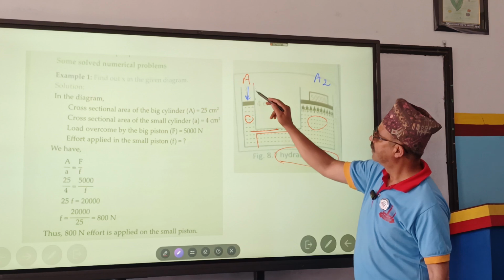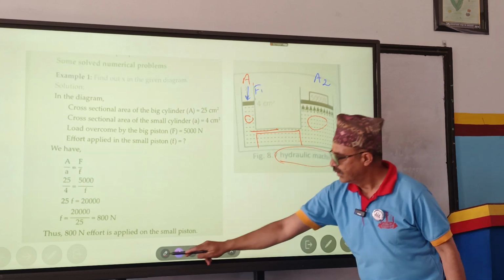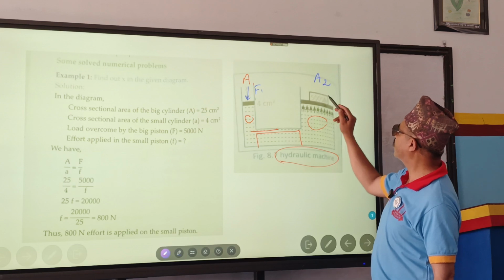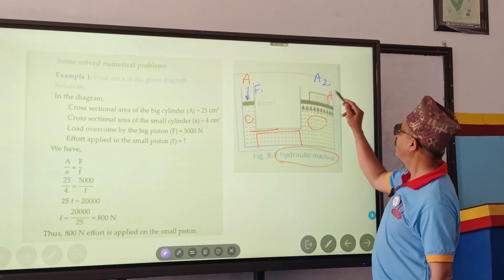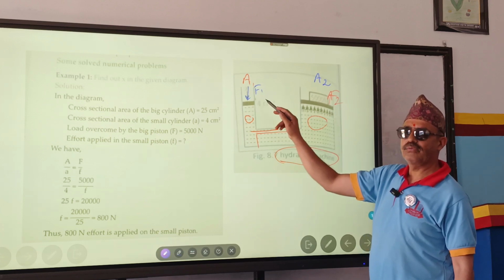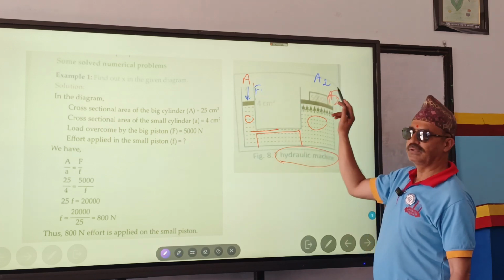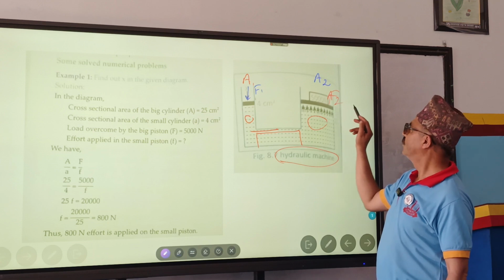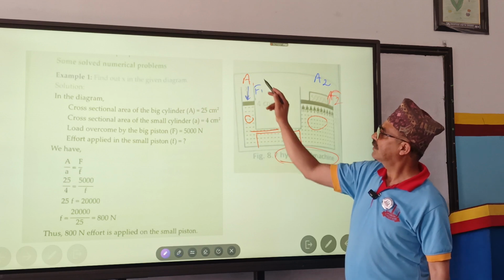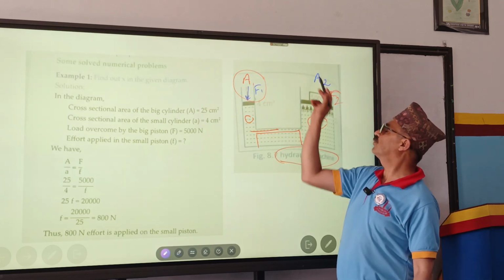When we apply some force here, it is F1. When the load is overcome, it is called F2. A1 area, F1 force. A2 area, F2 force. But why A1, F1 and A2, F2?